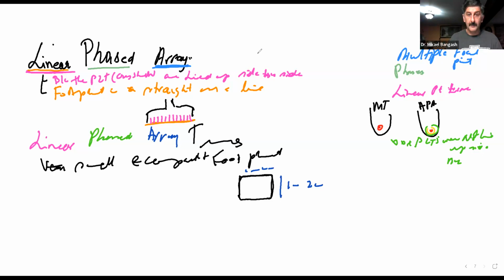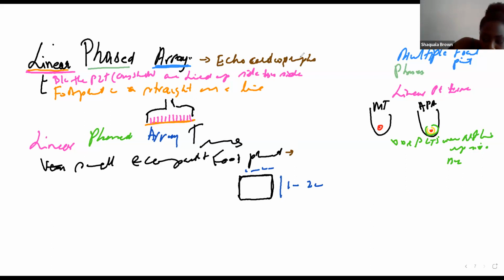Now, before I miss it out, this is not written in your book, but this linear phased array transducer is actually the ideal transducer to use for echocardiograms. Is that clear? And why?